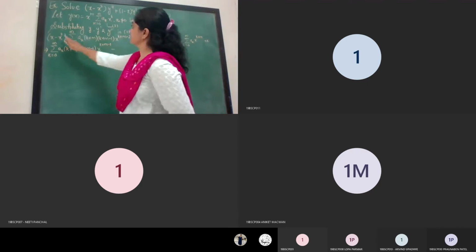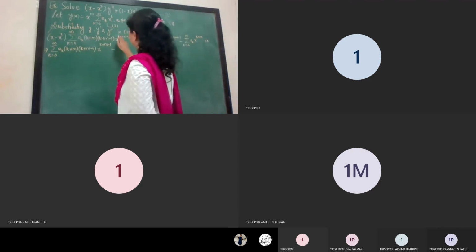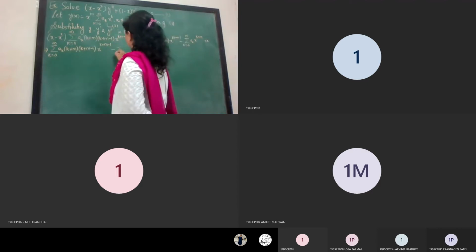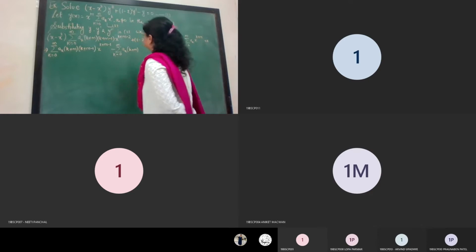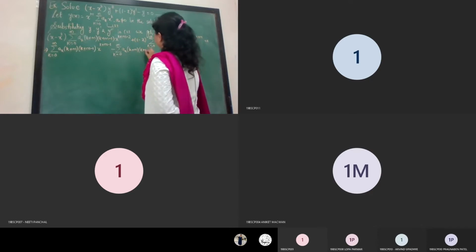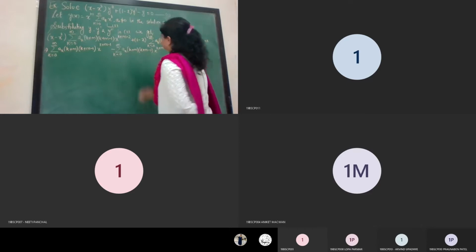Now minus sign plus 2 minus 2, so we have power x raised to k plus n after simplification. So k is equal to 0 to infinity, ak k plus n minus 1 x raised to k plus n.